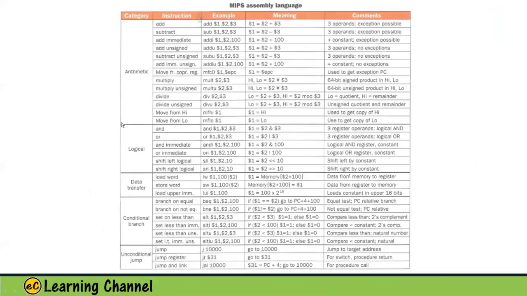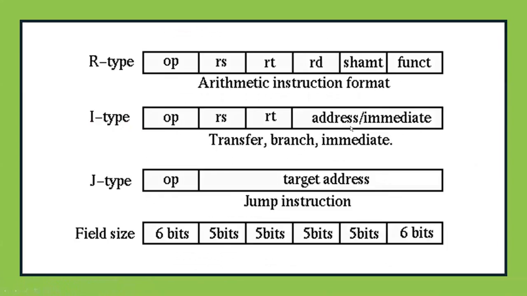Okay, so here we have more detailed function instructions: arithmetic, logic, data transfer, control, conditional branch, and unconditional branch. So I just leave it here. I don't want to go into detail. And there are 3 types of instruction: R type, I type, and J type. J is for jump. So basically, J just needs to jump to some target address. So the address is longer, the number of bits is more. That's fine.